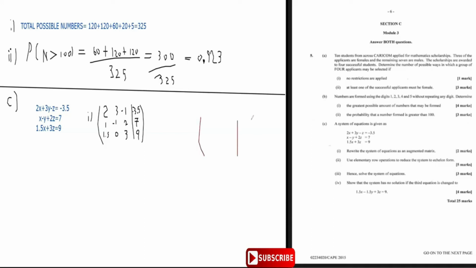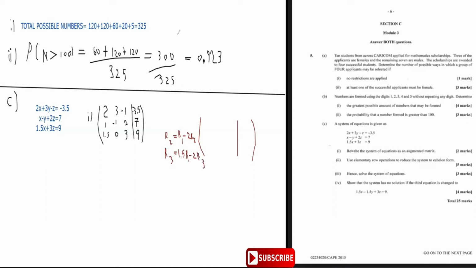So using row 1, we're going to let row 2 be equal to row 1 minus 2 row 2, and then we're going to let row 3 be equal to 1.5 row 1 minus 2 row 3. That's what we're going to do.